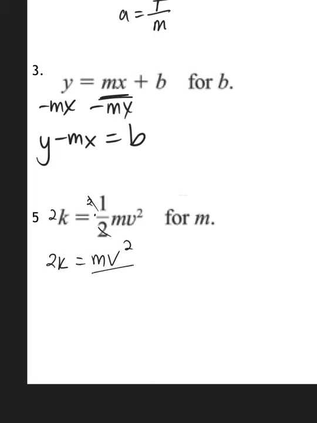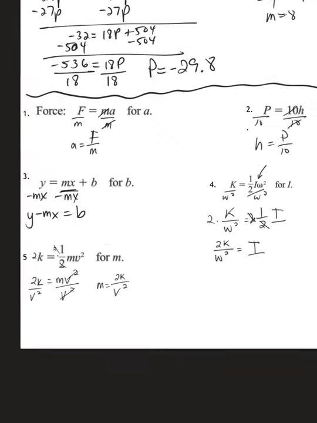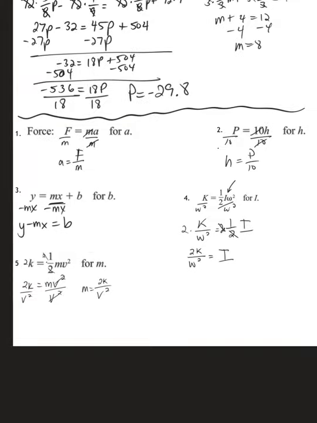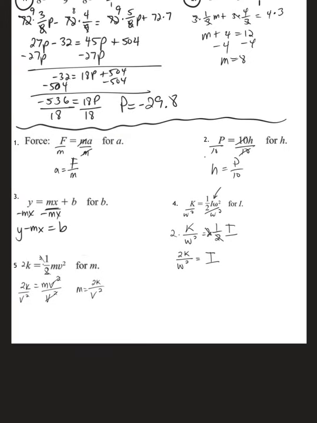If I want to get m alone, I have to divide both sides by v squared. m equals 2k divided by v squared. These are usually people's least favorite things to do. So if you're getting through it fine, you're in good shape. If you're struggling, you're not alone. Okay, let's go to the next page.